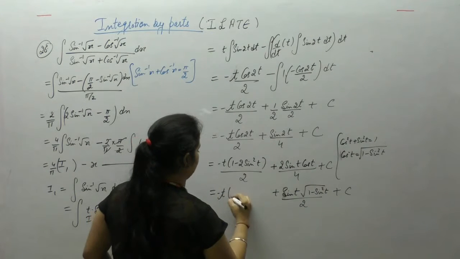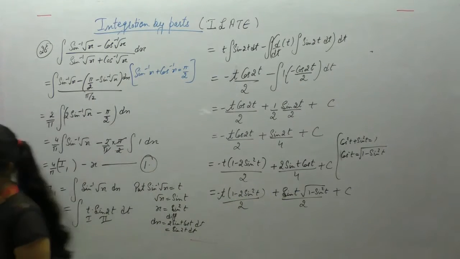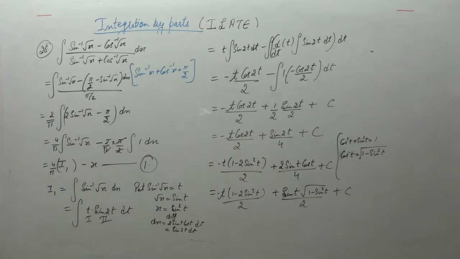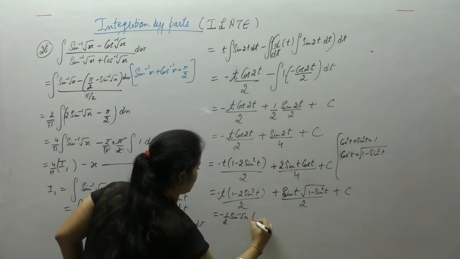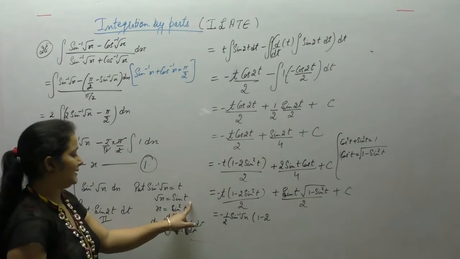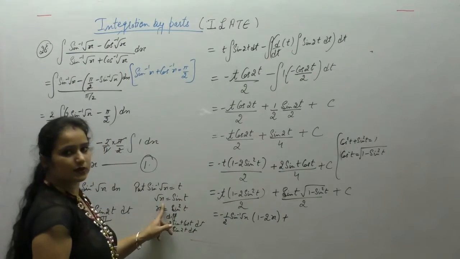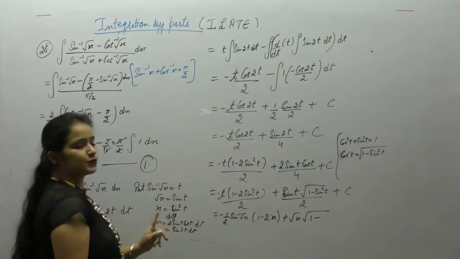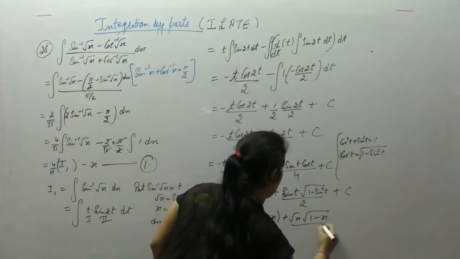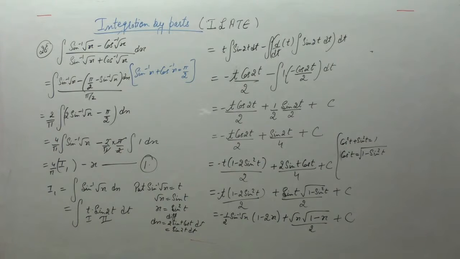Now put the value of t here. The value of t is sine inverse square root of x. Minus 1 by 2, t is sine inverse square root of x. 1 minus 2 sine square t is equal to 1 minus 2x, and sine t is equal to square root of x, into square root of 1 minus sine square t, which is x upon 2 plus c.